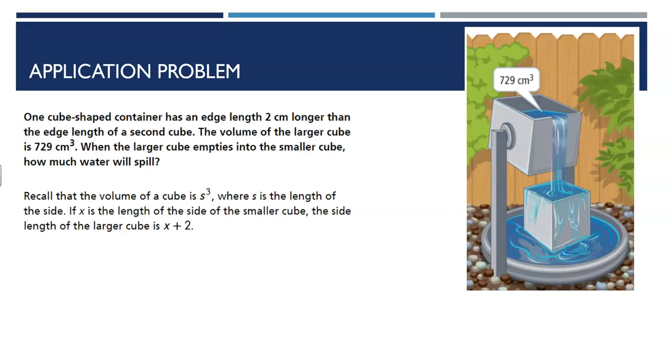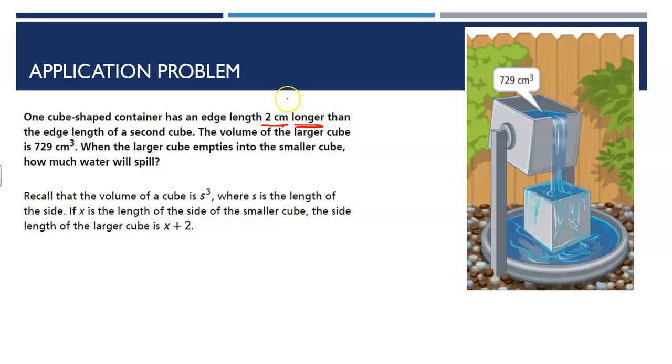Here's an interesting application problem. You have this cool looking fountain here, and I have a cube-shaped container, has an edge length 2 centimeters longer than the edge length of the second cube. Oh my goodness. Okay, so 2 centimeters longer.